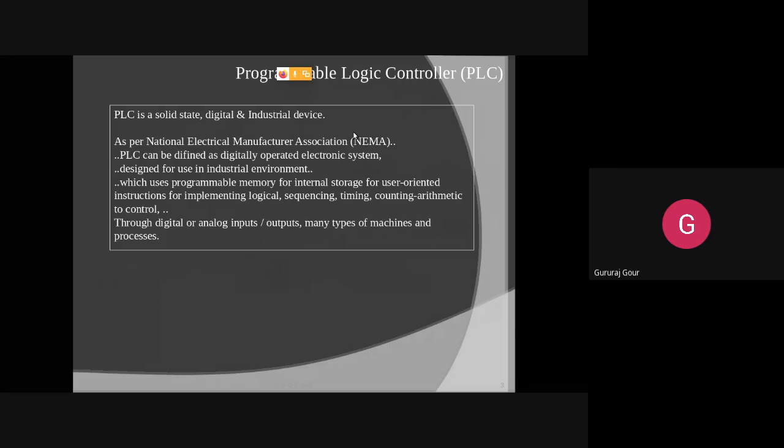So basically, what we mean by PLC, it is nothing but a solid state digital and industrial device. You can see here, this device specifically we are calling it an industrial device. It is widely used and accepted universally as far as data acquisition is concerned, compared to other devices.